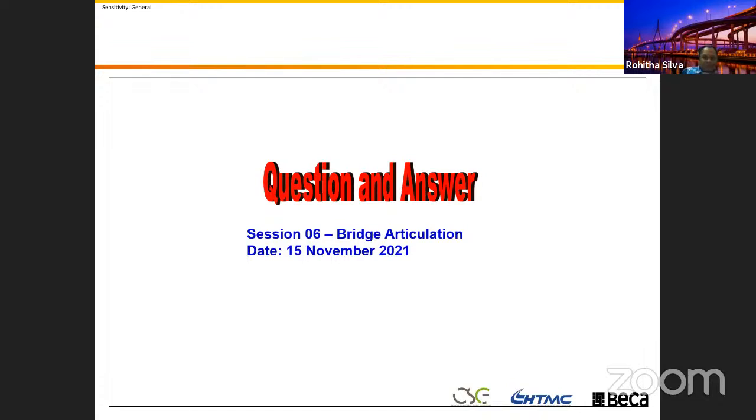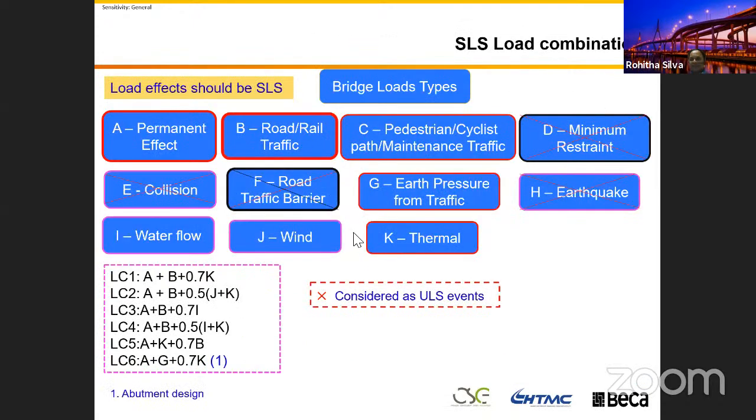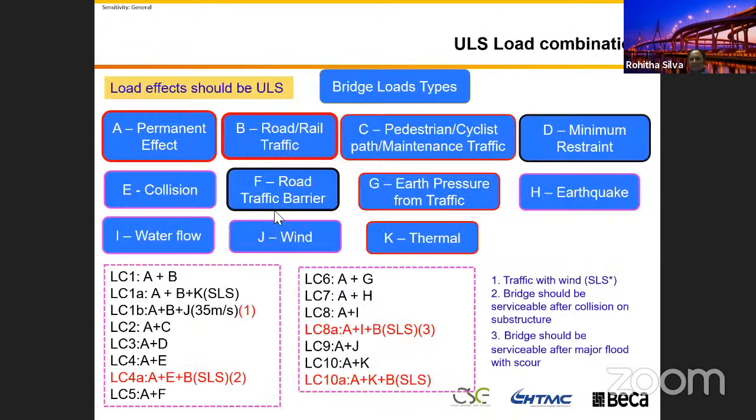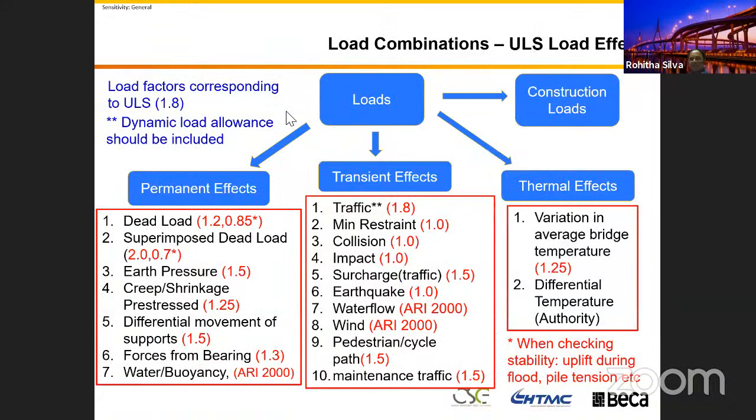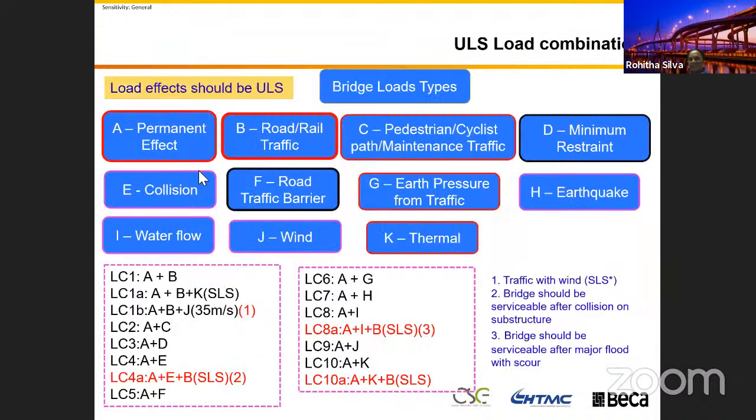and create your own design volumes, and you can identify these load types. Because the transient effect is there, because it comes and goes, and the thermal effect, you can categorize the scenarios.